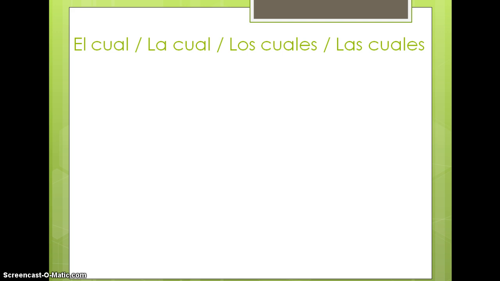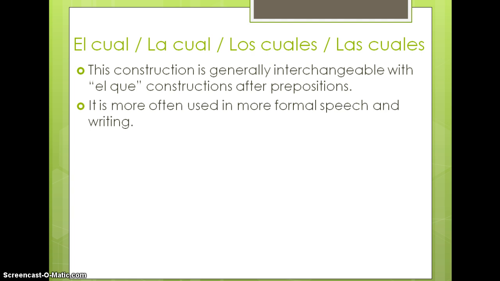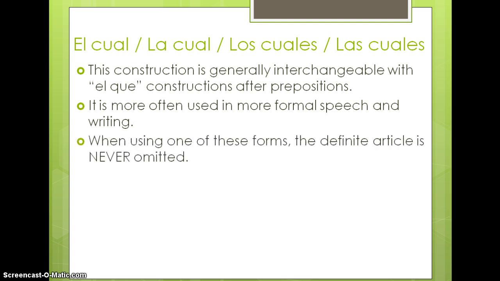We're going to move on to el cual and their constructions. Please note that el cual and all of these other constructions is generally interchangeable with el que. So it can be used in the same situations after prepositions. However, we do use this particular construction more often in formal speech or in formal writing.